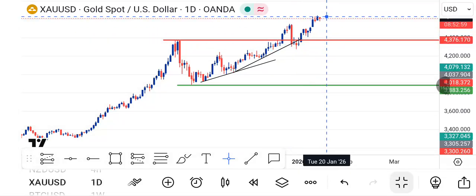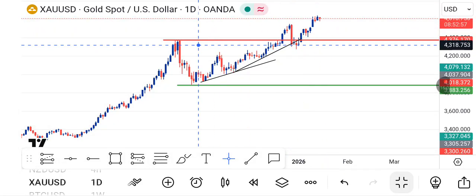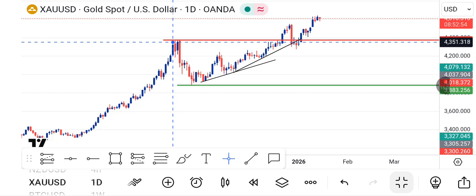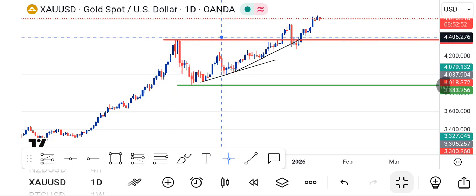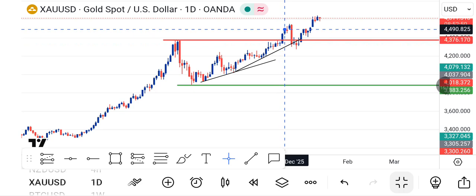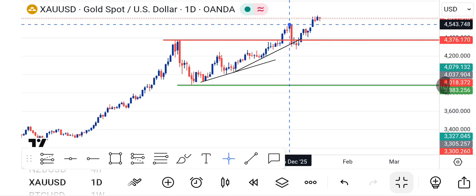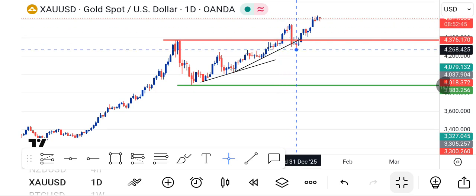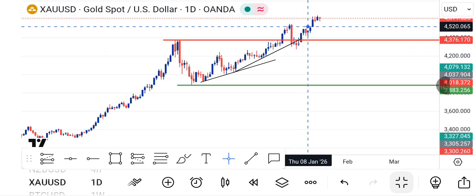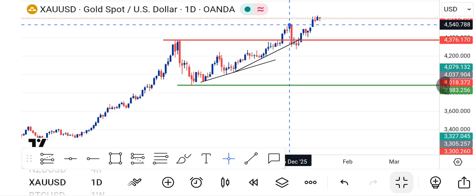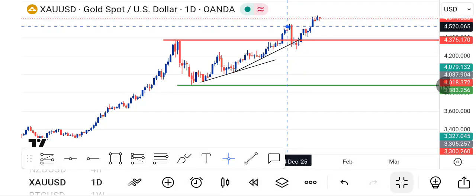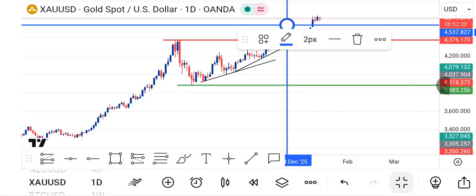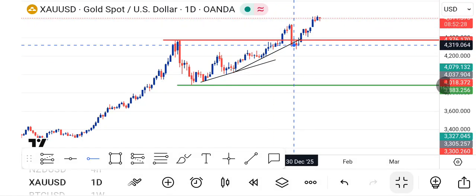It moves up. Remember that this is a previous high. It came back, it broke it. This is another high. It came back to retest it. Now it moved up, and it has broken this. What I'm looking at is another correction to this place here. Let me mark.